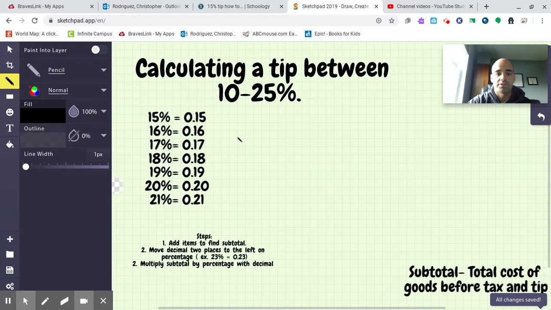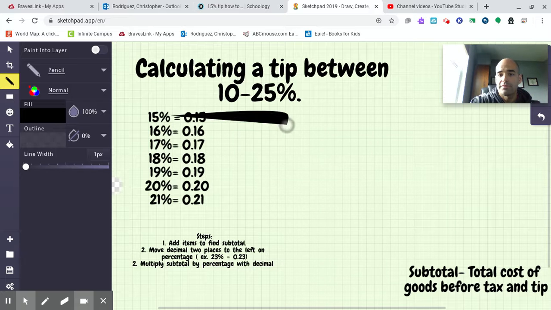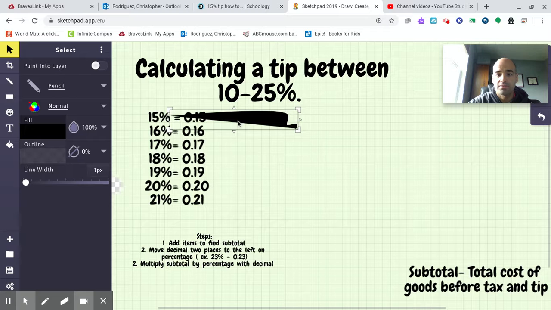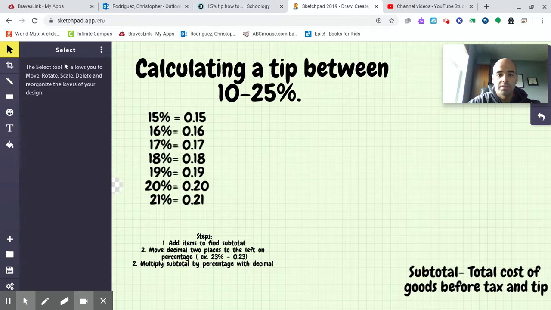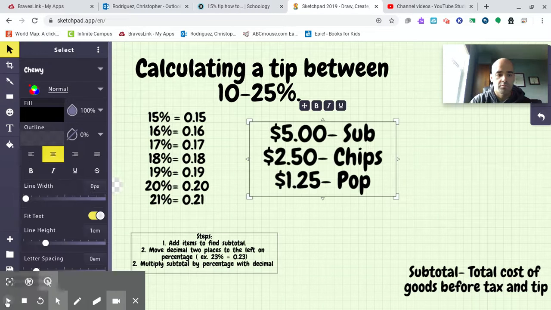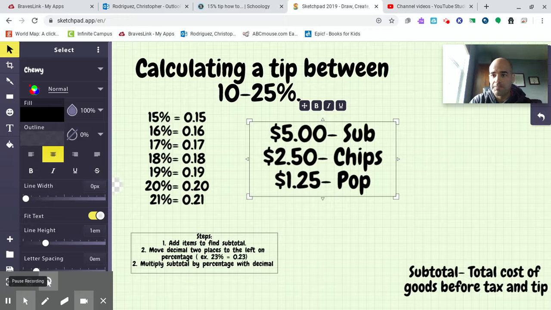I just did the same thing twice. Delete pencil. Why is it doing that? I'm going to pause and figure this out. I can't figure out the pen right now, so we're going to work without the pen.